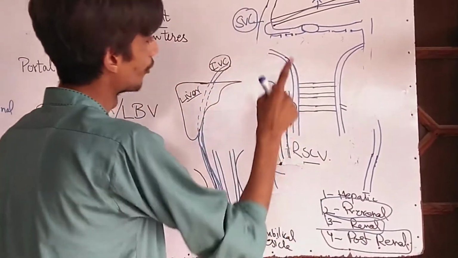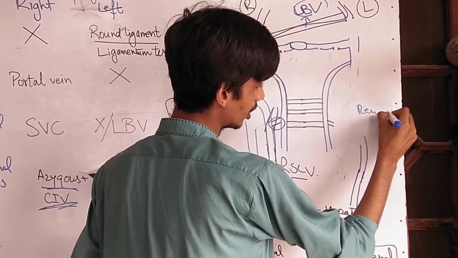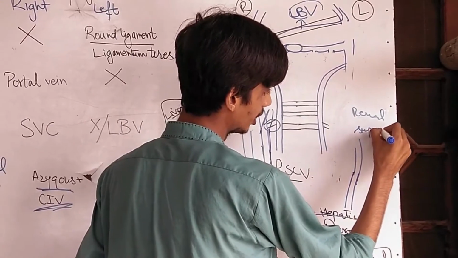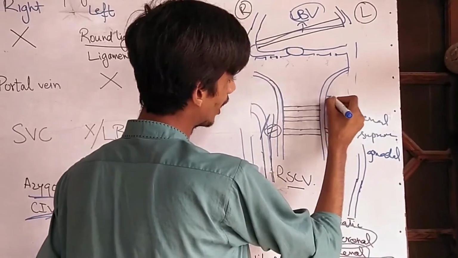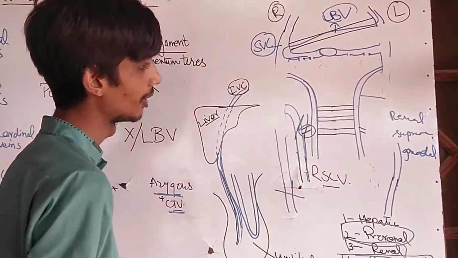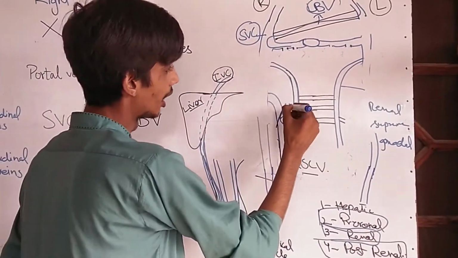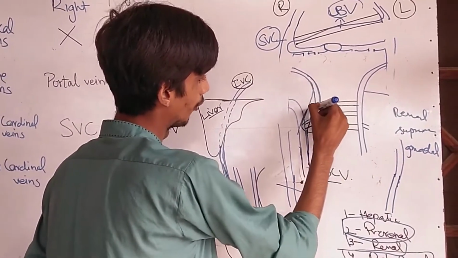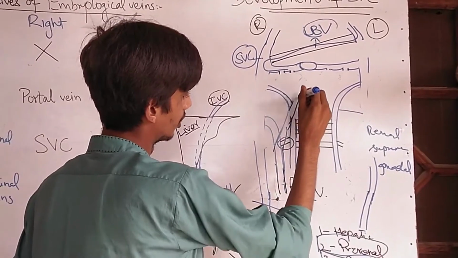However, irrespective of the inferior vena cava, it also gives rise to the renal vein, suprarenal vein, and gonadal veins. So this part on the left as well as on the right will give rise to the renal, suprarenal, and gonadal veins. However, on the right side, it will also give rise to some part of the inferior vena cava. Fine.